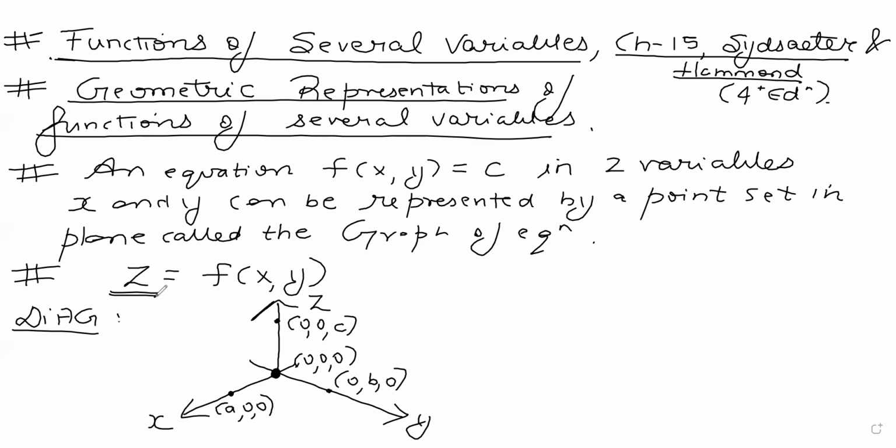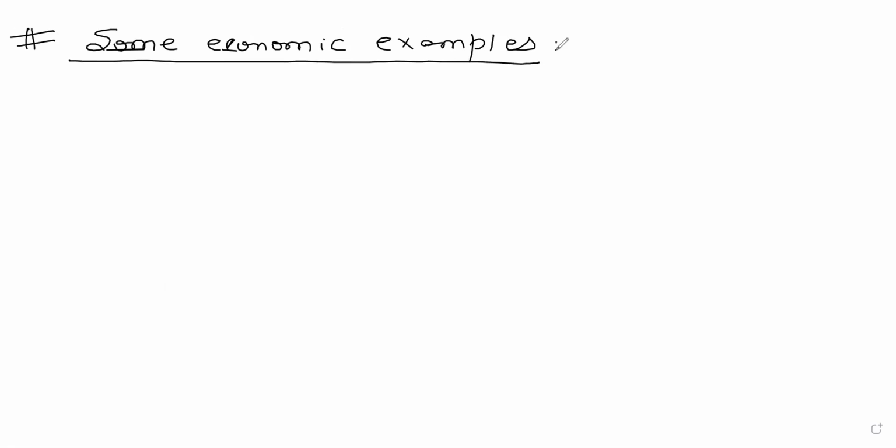Okay, so let us look at some economic applications based on this particular concept. Some economic examples. Now in microeconomics, all of us know the concept of budget lines, from high school economics and from my course introductory microeconomics. The only difference is that instead of 2 commodities, now we have 3 commodities.